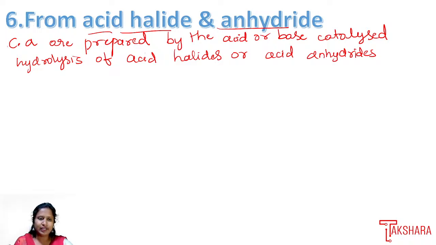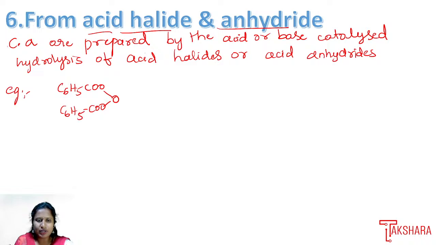Okay, so now let us take an example. Yes, one example we'll take, by considering acid halides or anhydrides. So the first example, let us take benzoic anhydride, that is C6H5COO and again COO and C6H5.